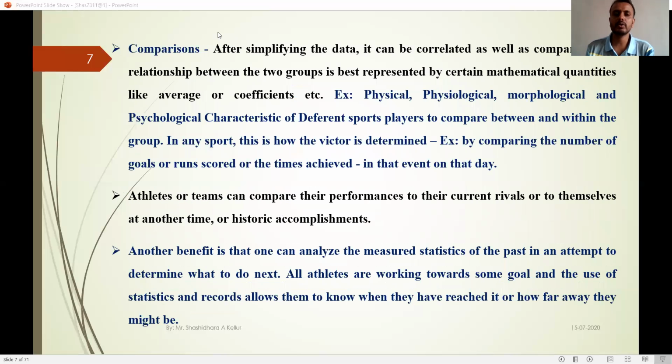Then another important function of statistics is comparison. After simplifying the data, it can be correlated as well as compared.